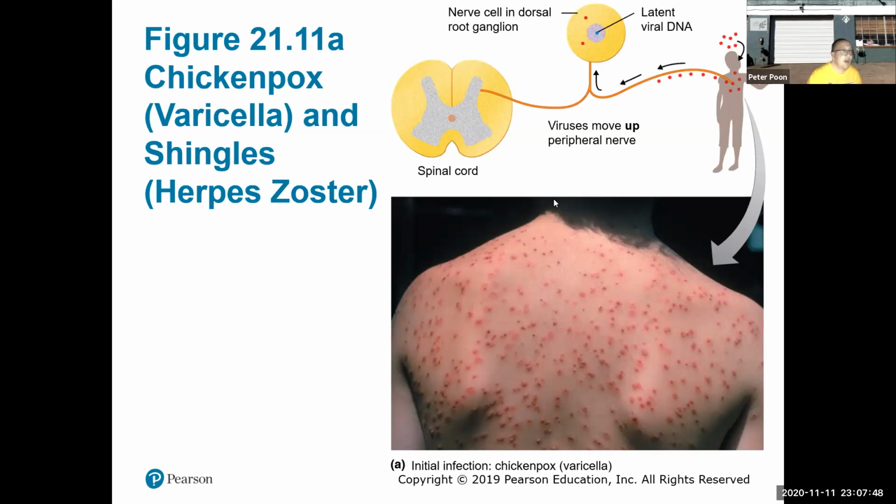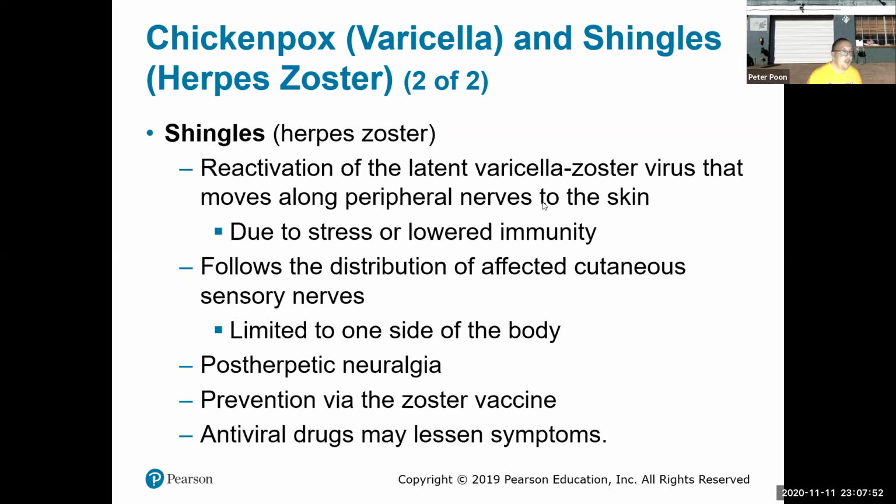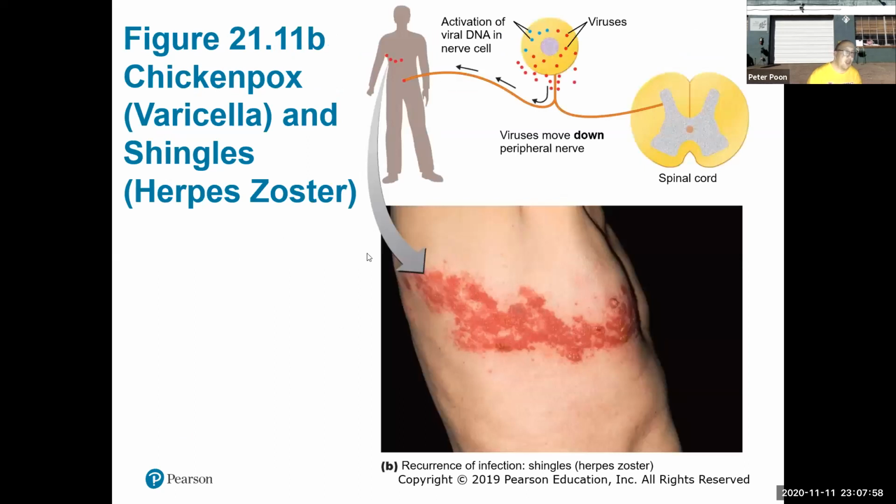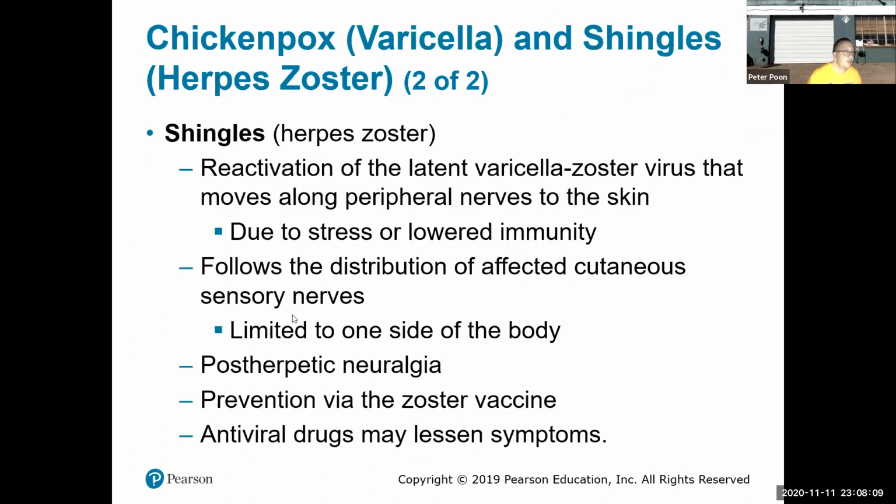It can hide in a dorsal root ganglion, and eventually, during periods of stress or lower immunity, it can come out and cause shingles. You can see it spread along that one peripheral nerve, and it causes great severe pain. Postherpetic neuralgia, pain along the nerve.